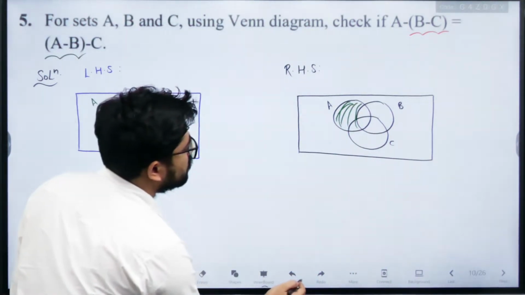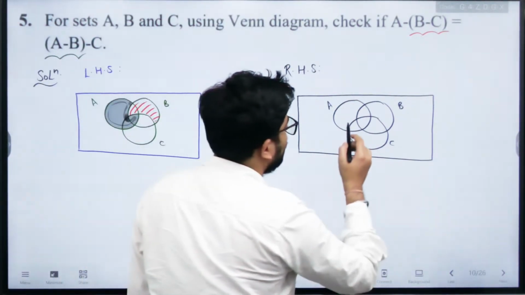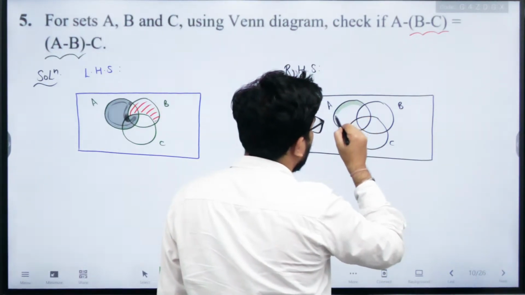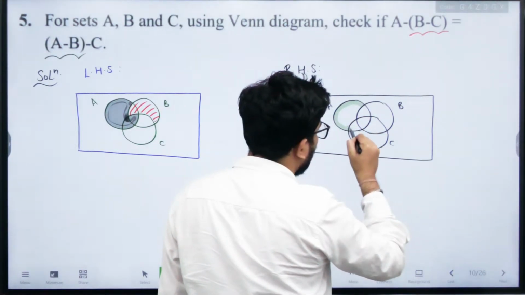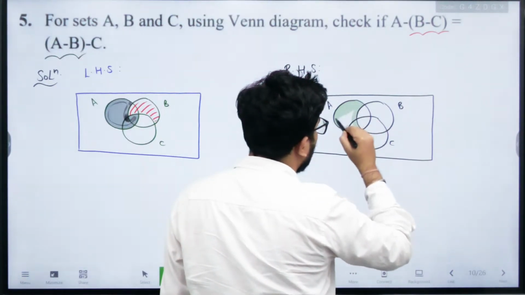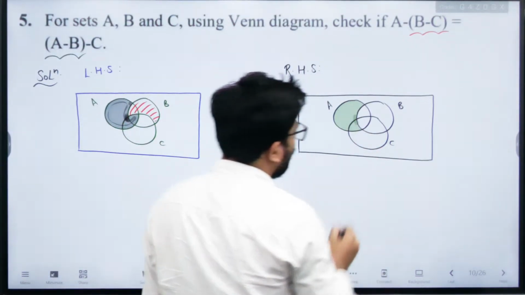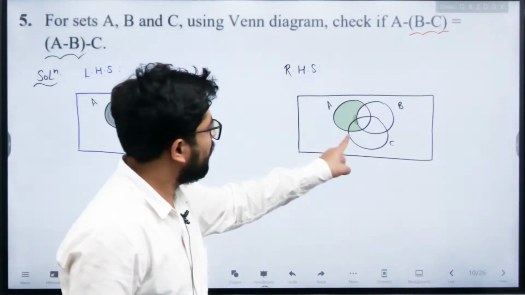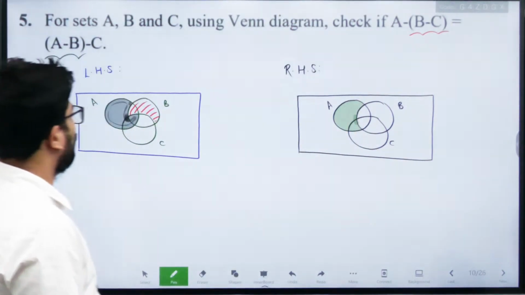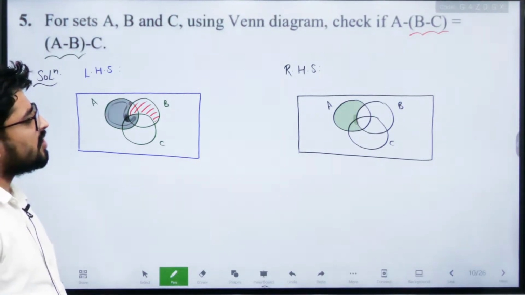A minus B means this is A and eliminate all the elements of B. Now you have to remove C also.